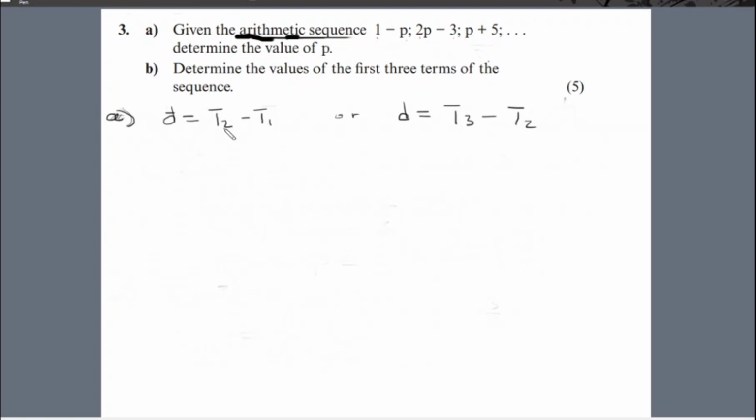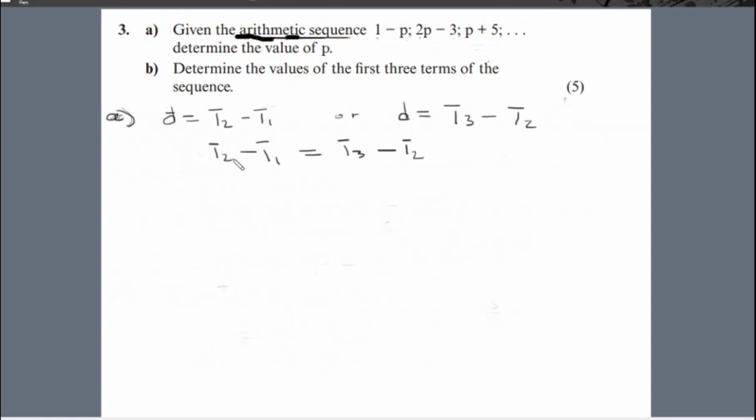So because d is the common difference, if we say T2 minus T1, that should be the same as T3 minus T2, right?